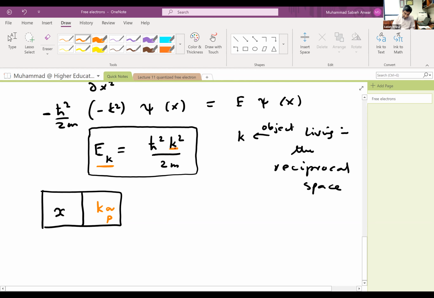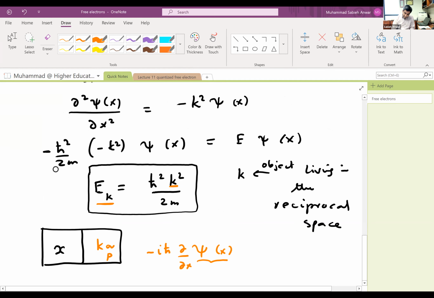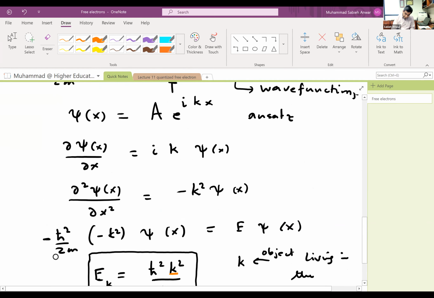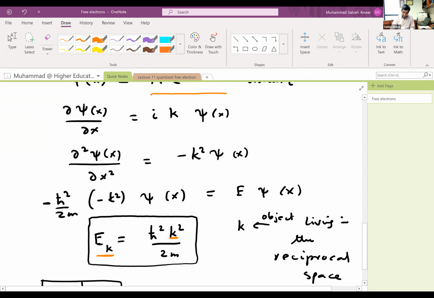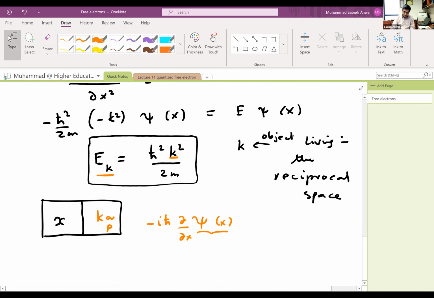Okay, let's talk about the momentum. If I take my wave function psi x and have the momentum operator act on it, which is minus iota h bar partial derivative with respect to x. And we already know that the ansatz, the trial solution that we have, is indeed valid. It is a solution, and it yields the energy h bar square k square over 2m.